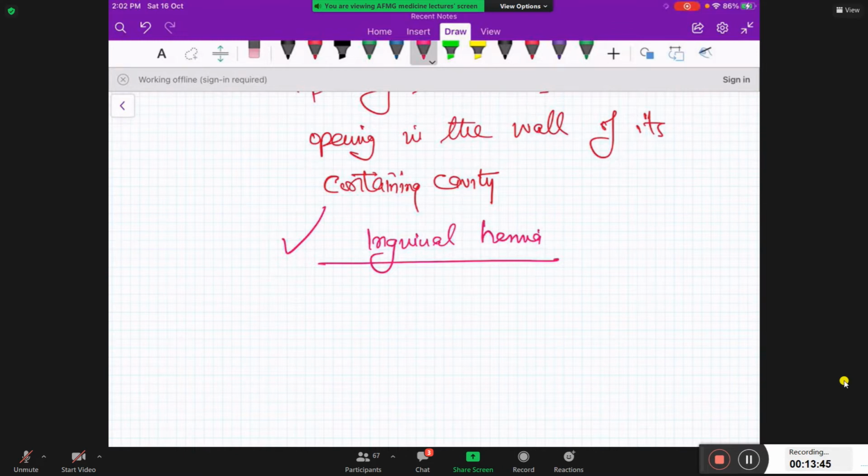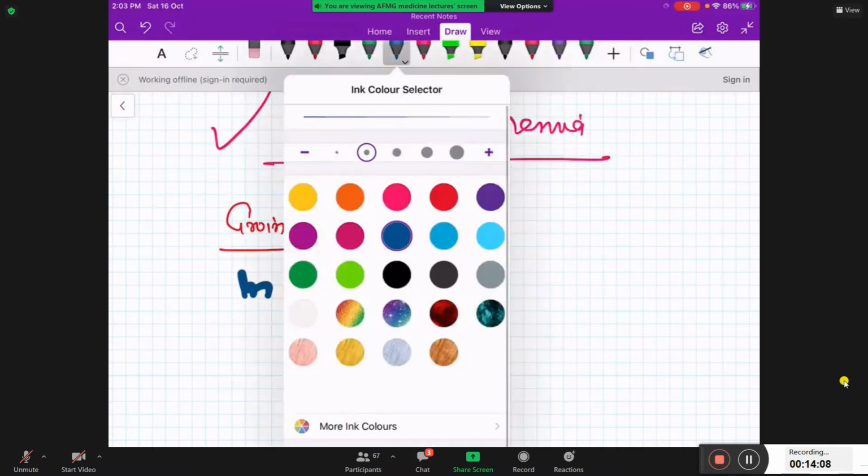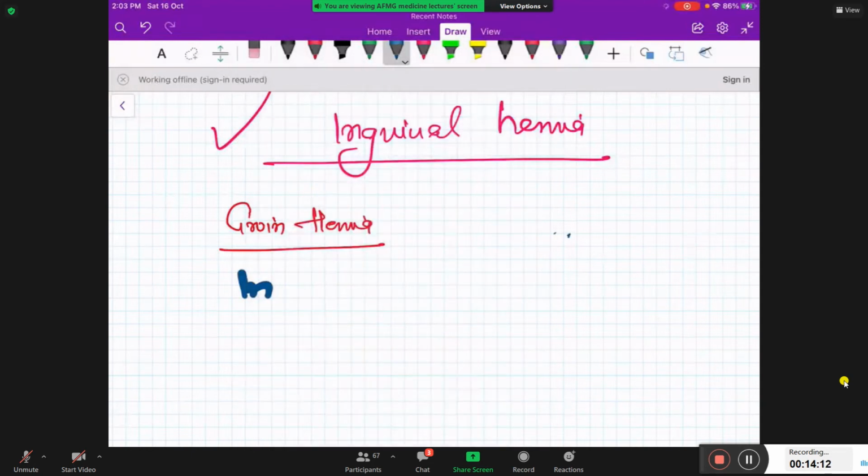Okay. Now, let us know the latest thing in hernia because they can ask you this question. There is something called growing hernia. What all hernias come in growing hernia? Can anybody tell me? Inguinal will come for sure. Who said esophageal hernia? Whose esophagus is growing?